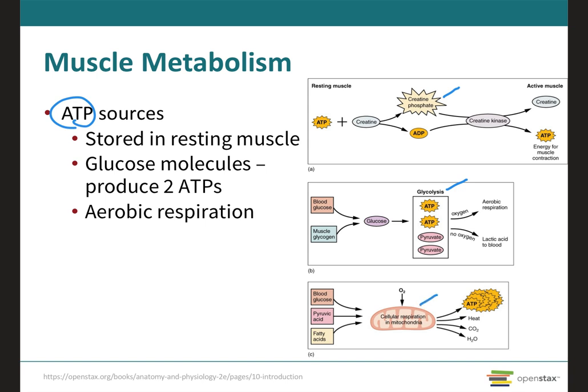On the first image, we can see over here that some ATP is going to be stored in a resting muscle, like we said, and as the contraction starts, it is used up in seconds because there's very little of it. However, if you combine ATP with creatine, it will give you creatine phosphate and ADP, and this will then give you creatine kinase, which can be broken down into creatine and ATP.